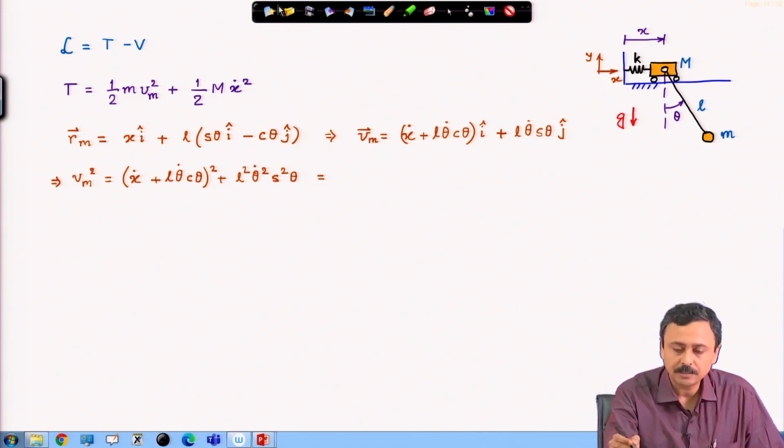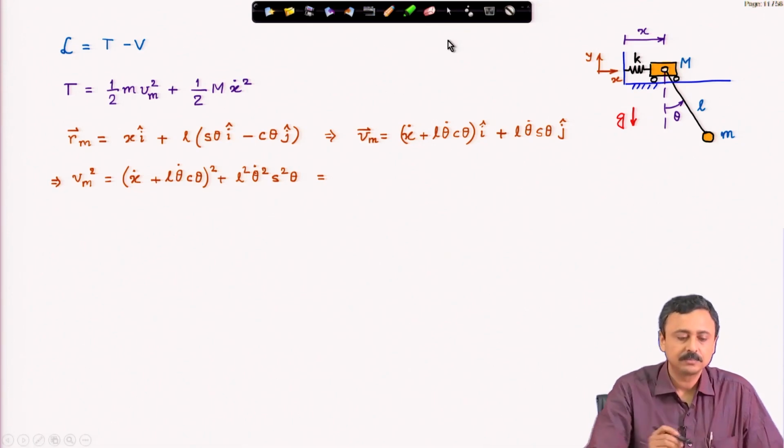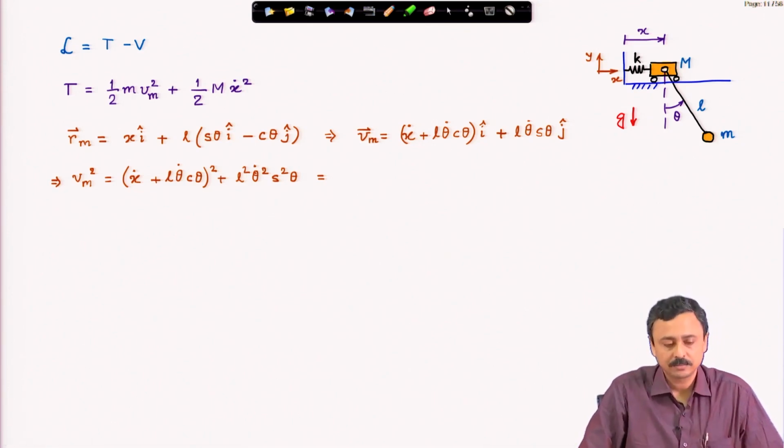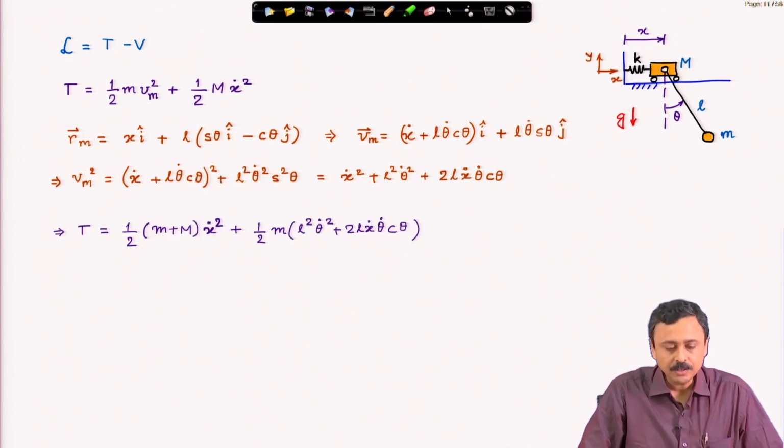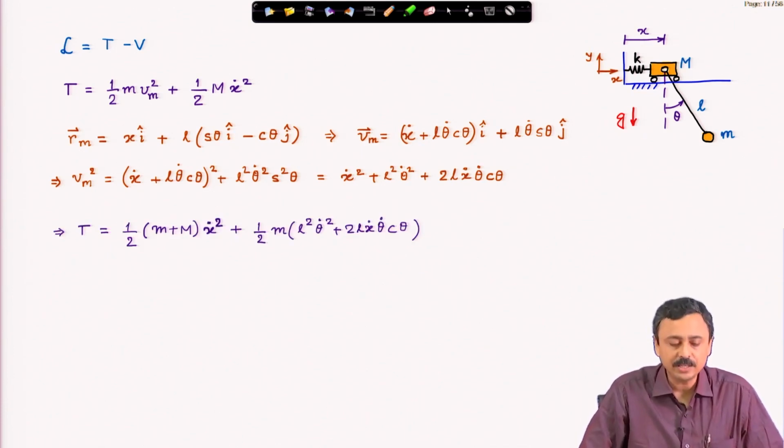From there I obtain the velocity squared of the bob, and when you simplify you get this expression. The details are left to you to complete. Therefore, the kinetic energy of the whole system can be rearranged in this form.